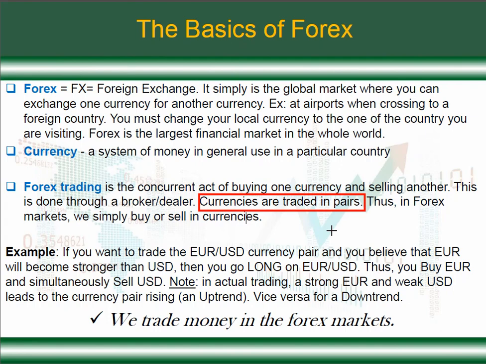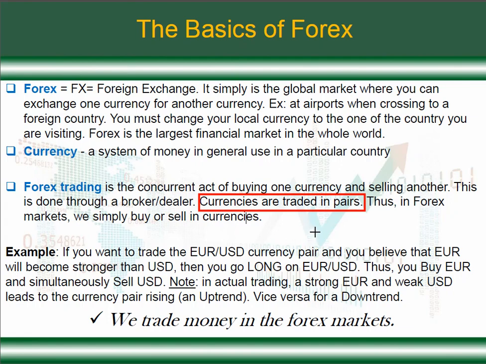Okay? So Forex trading, which is what I'm explaining using that example, involves pairs. One currency in the pair must be bought and the other one must be sold simultaneously, or one has to be sold and the other has to be bought simultaneously. That's why we are saying Forex trading is the concurrent act of buying one currency and selling the other currency.